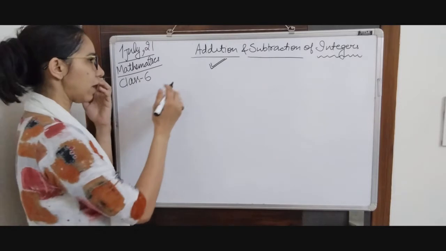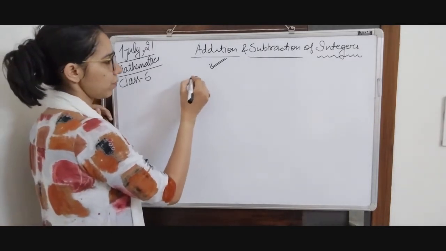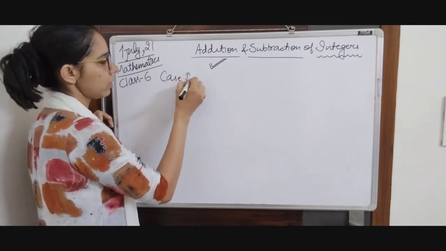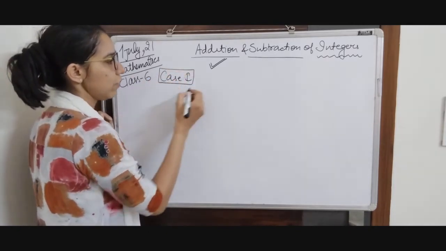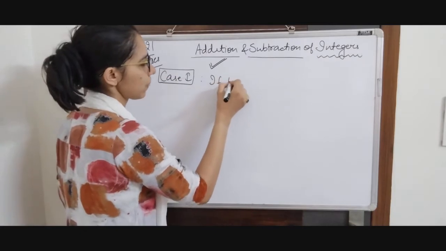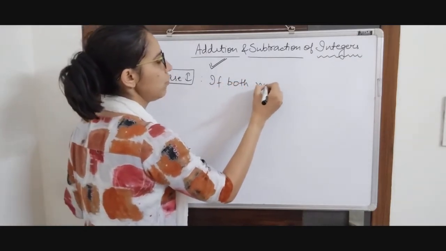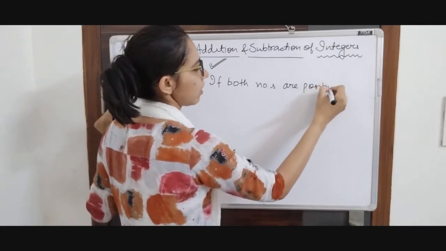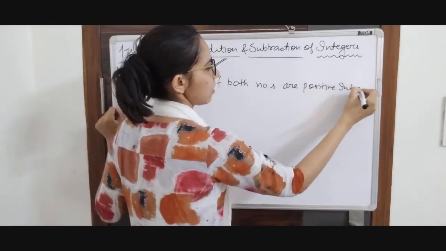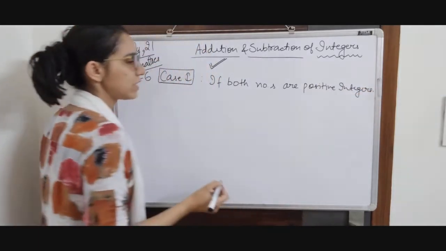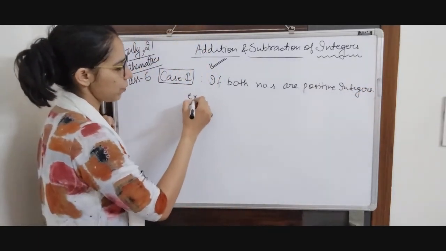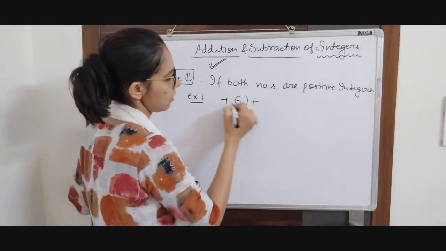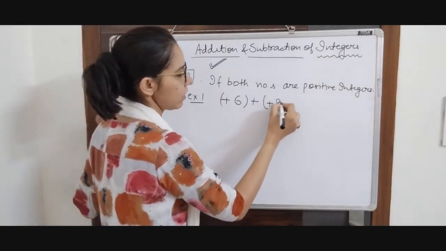So suppose we have case 1, okay, we are doing it case by case. If both numbers are positive integers, so suppose example 1, you want to do plus 6 and plus 8, okay.